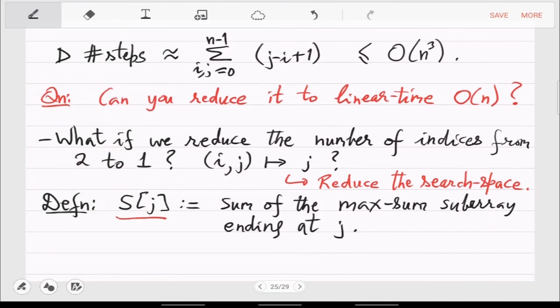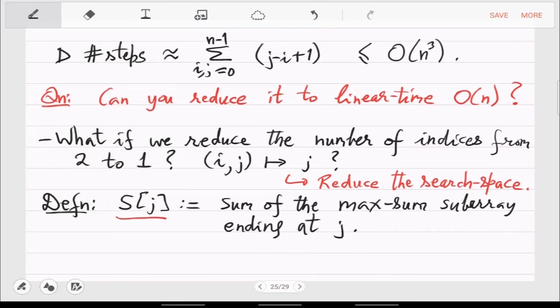But how is this related to our original problem? So suppose you calculate all these values, S0, S1, dot, dot, Sn minus 1. What will be the answer to the original problem? Yes, still you have to take a max. So first you have to work hard to build this array, and then you have to take a max of this. So max can be found in a single scan of S, so that is not very costly.